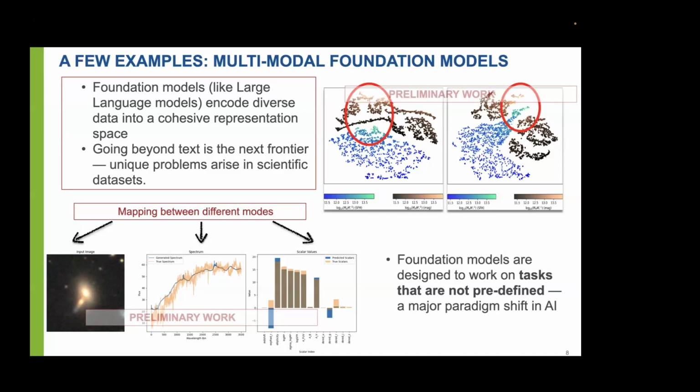For instance, with everything that I mentioned before, maybe you have an image of a galaxy and you're trying to find how far it is, or how big it is, or how bright it is. So that sort of regression task is a very well-defined mapping. Whereas when it comes to foundation models, you do not have a predefined task. So you're essentially constructing a knowledge base based on a huge corpus of data without actually fine-tuning the model to a specific purpose. But that comes in the second stage.